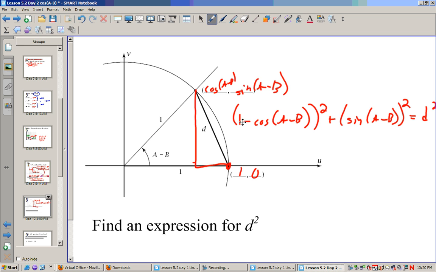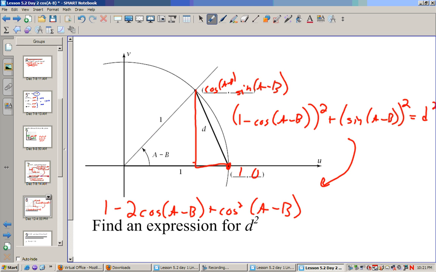Now if we simplify this, 1 minus cosine of A minus B squared is going to be 1 minus 2 cosine of A minus B plus cosine squared of A minus B. And this is just going to be sine squared of A minus B. It's going to equal D squared.